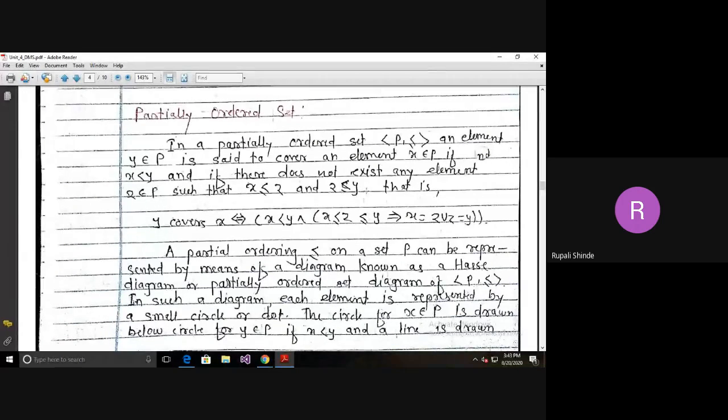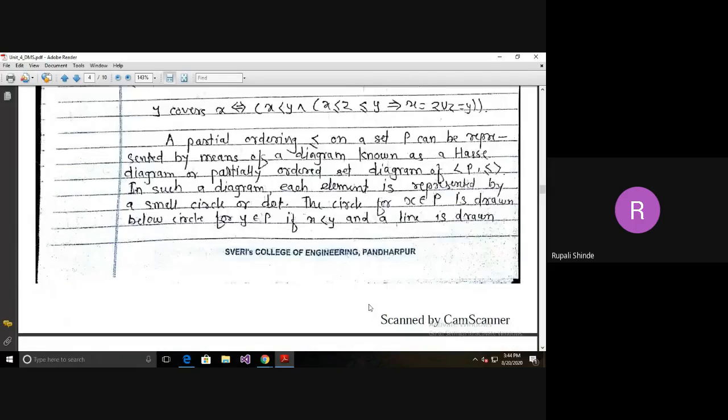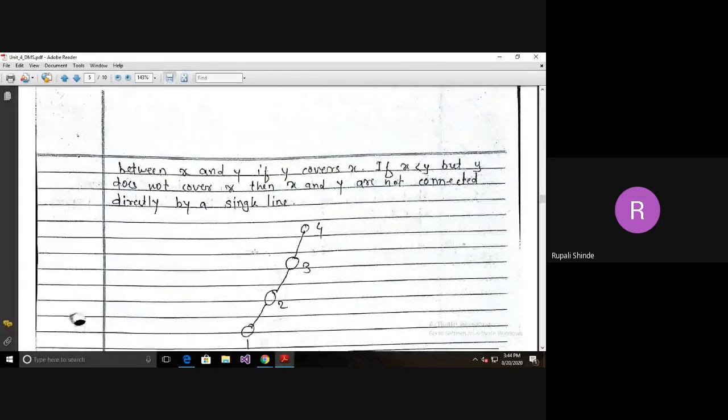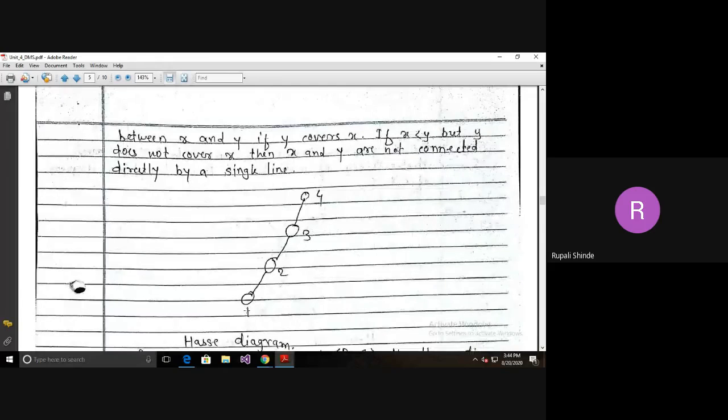Okay. Now what is the meaning of this statement? Suppose there is a partially ordered set P containing one element y, and there is another element x such that x is less than y. How can we represent that? Suppose this element is x, this one is y.